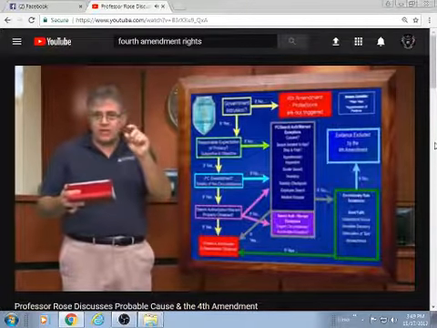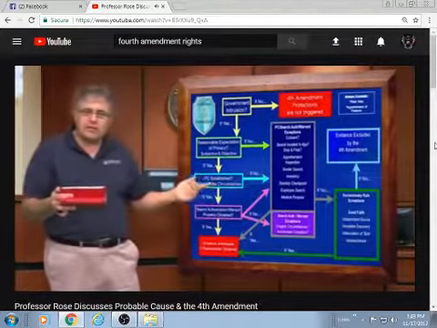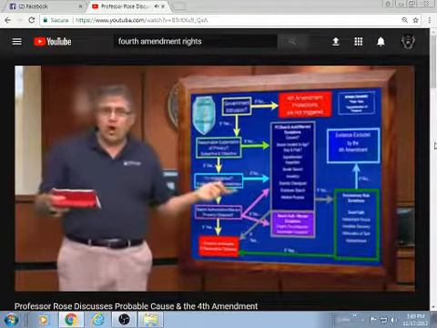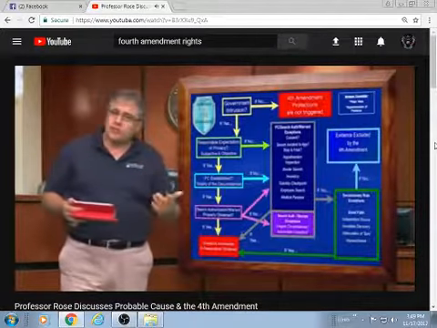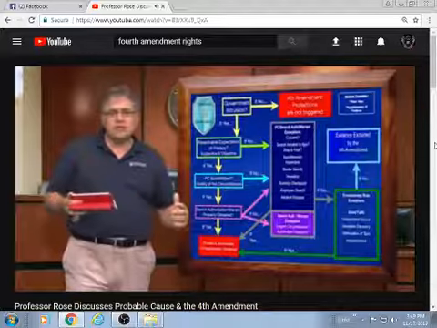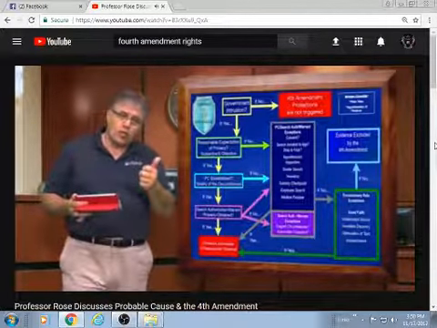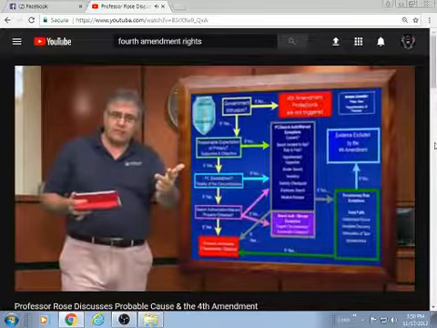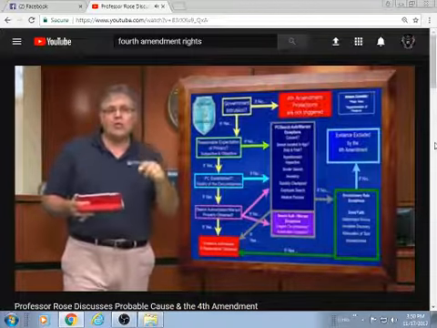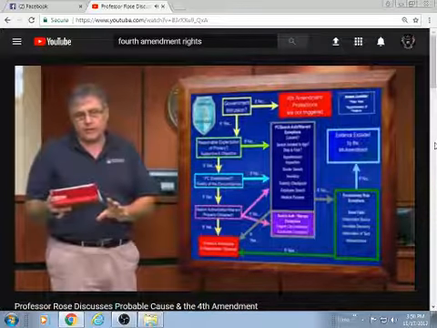If I have a reasonable expectation of privacy, I've got to go immediately below it to the light blue box. And the question is, do we have probable cause? Probable cause to search or probable cause to arrest, and we look at the totality of the circumstances if we're dealing with an informant, and we look at the source of the information, the quality, the quantum, and the timeliness of the information when deciding whether or not we have probable cause.